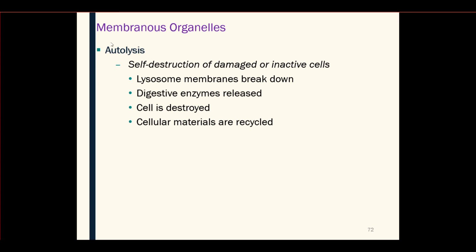Right? So the cell is killing itself. What happens is all the lysosomes in the cell release their digestive enzymes into the cell, killing the cell. All right, so it's a way of the body getting rid of cells that it does not need. We call that autolysis.